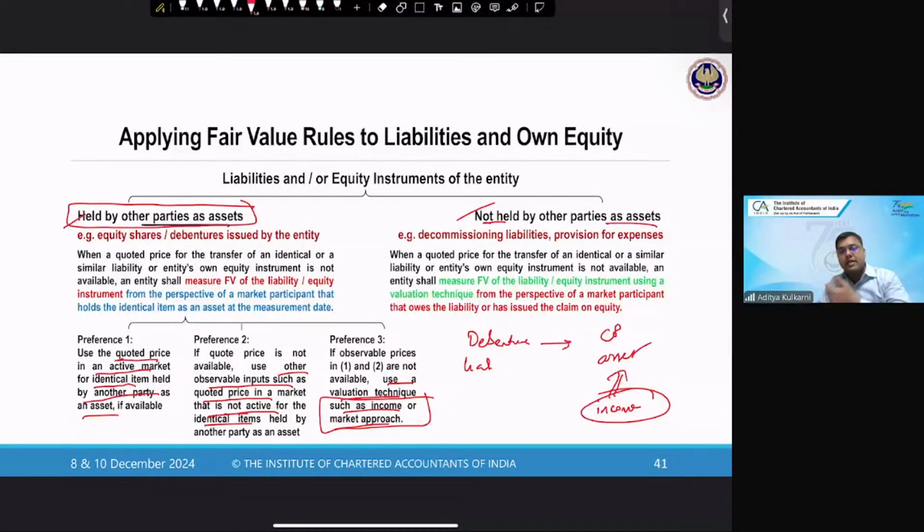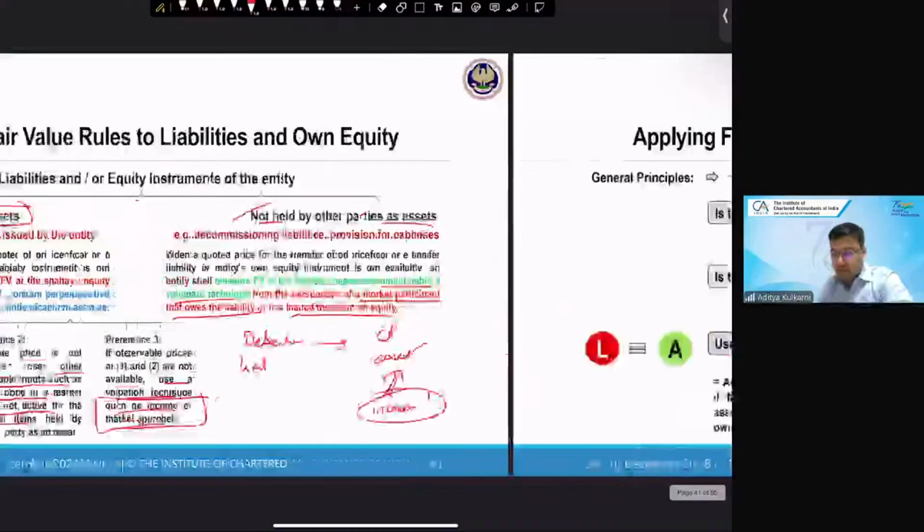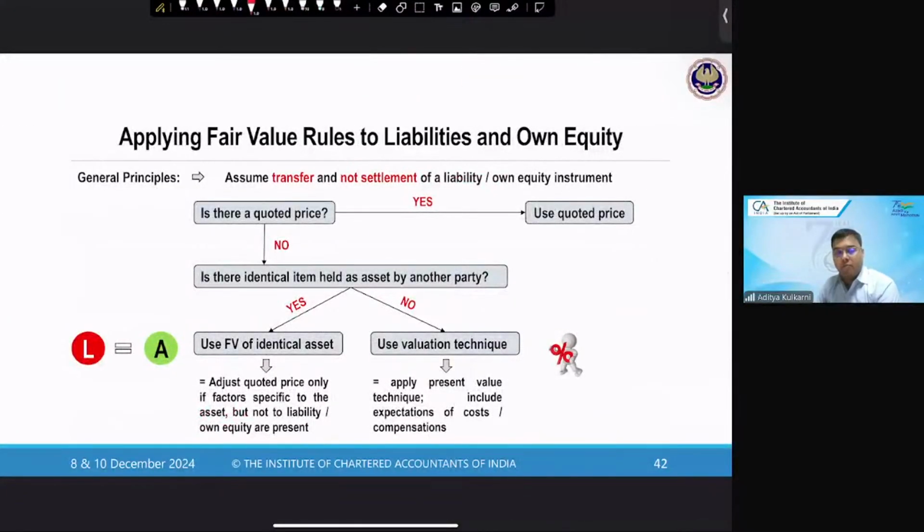If it is not held by another party as an asset, then you will measure the fair value using a valuation technique from the perspective of a market participant that owes the liability or has issued a claim on equity. Counterparty will not be there, so I will do the valuation from my own perspective. Is it okay? Yes. So now coming to the next one.